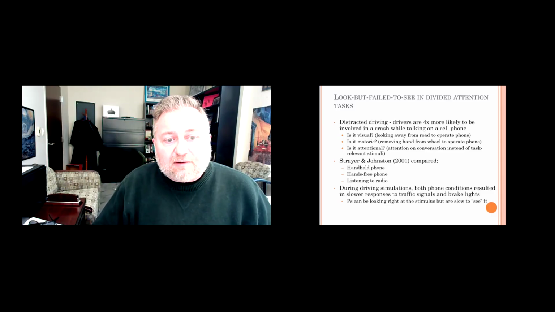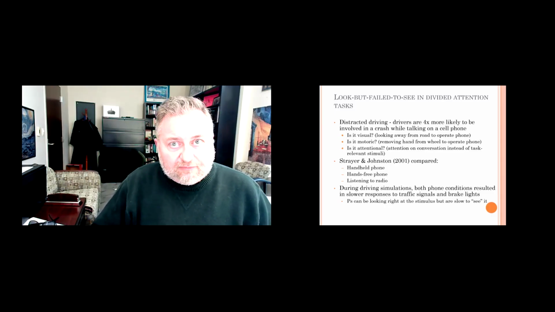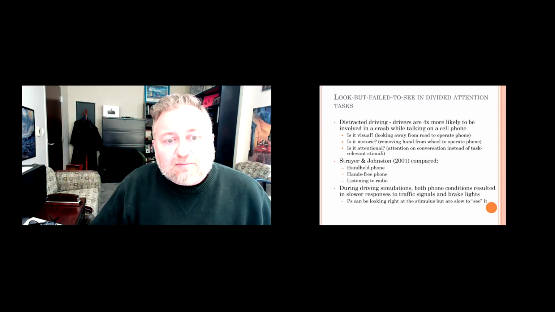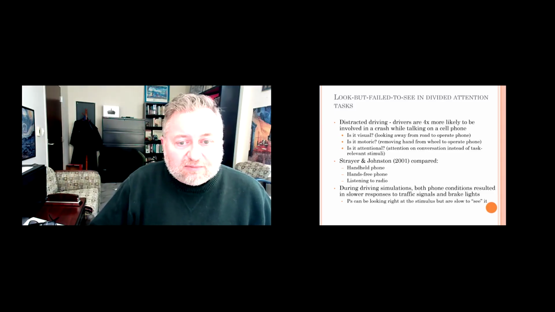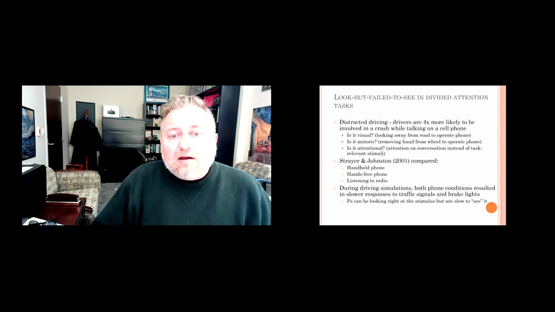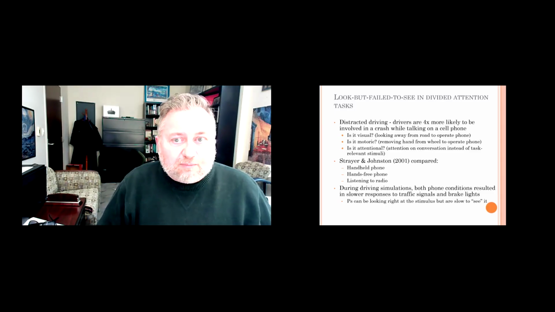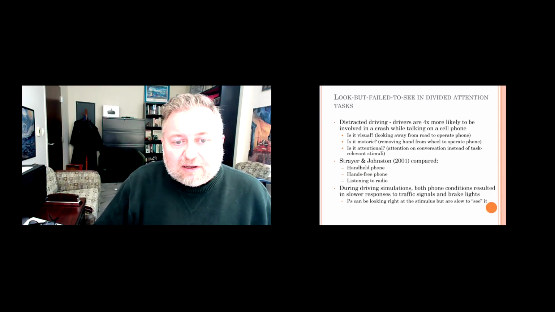But again, of course, that kind of looking measure is a measure of overt attention. We could use eye tracking to determine what people are looking at, right? So, is it possible that that's the issue? Is that the culprit? Certainly, we don't want to look away from the roadway and all the task relevant stimuli.